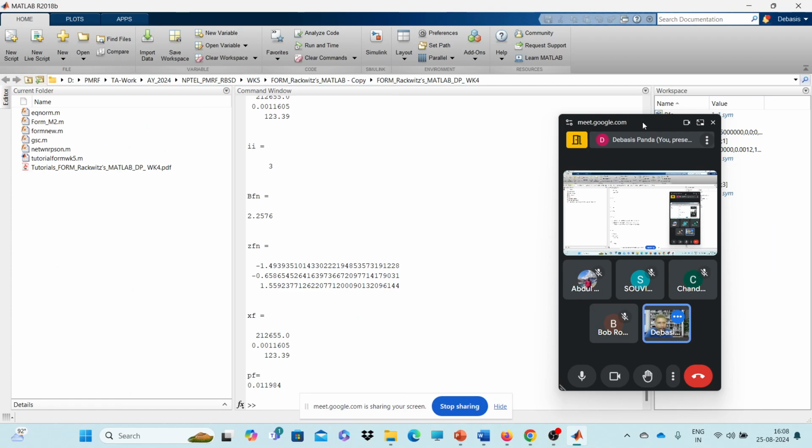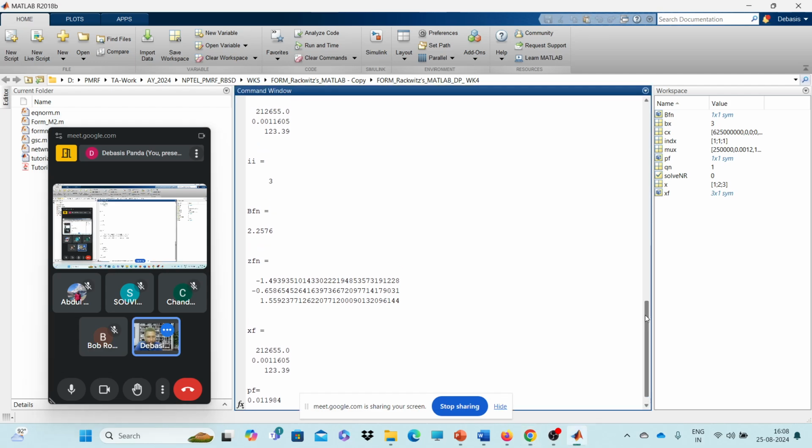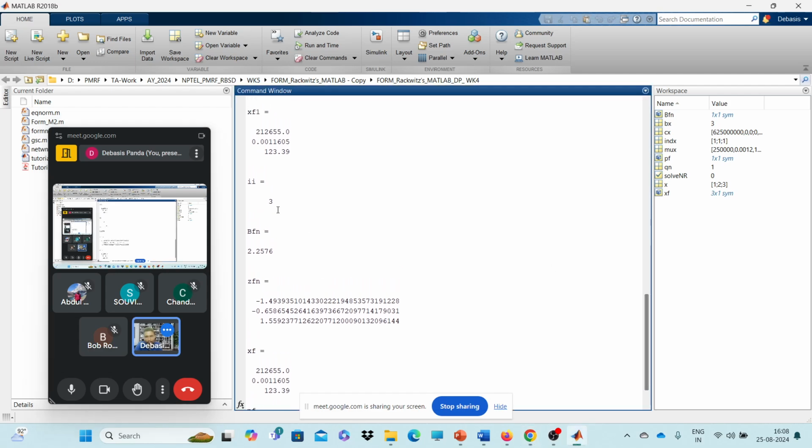After getting all these things, it shows that after the third iteration I am getting beta as 2.2576, and these are the design points in the z domain.